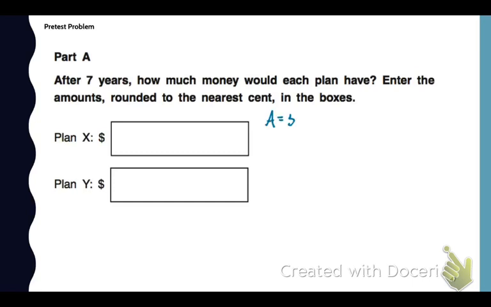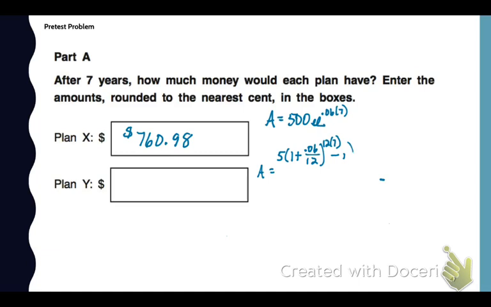So plan X is compounded continuously, so you're going to use the base E formula. With that principal of $500, the ending amount after 7 years would be $760.98. Now for plan Y, you're going to use that formula that is given. So you're just going to plug your numbers in. In this case, it would be 0.06 for the rate and then 7 for your time.